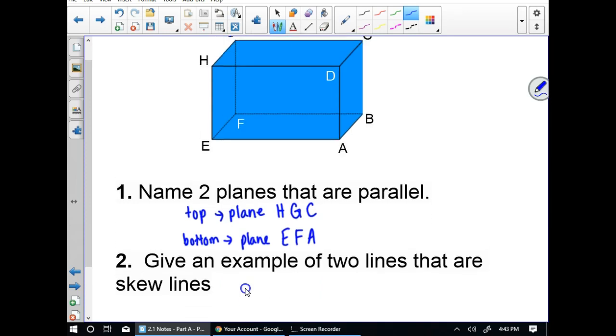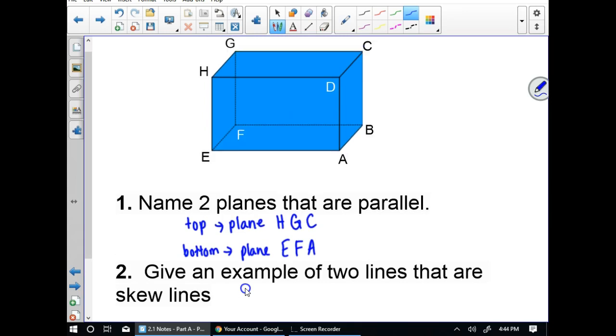For number 2, it asked me to give an example of 2 lines that are skew lines. So these need to be lines that do not look like they're parallel, but if we think of them in 3D space, they're not going to intersect. So for example, HD, line HD right here, and line CB. These lines are never going to intersect.